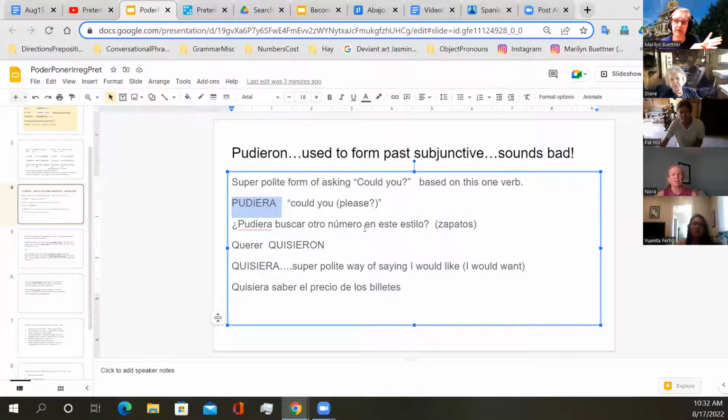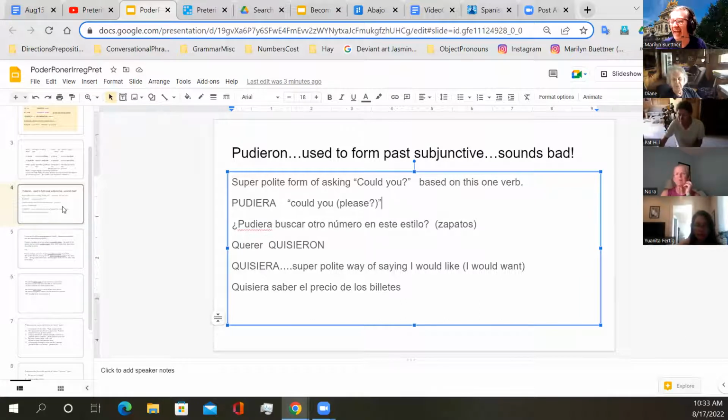Oh, could you bring me this dessert? And pudiera is super polite, and you're asking in a really nice way. So people tend to say, oh, wow, they know how to use that. That is the polite way of asking something if you're in a very formal setting.